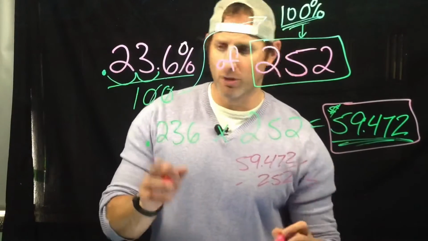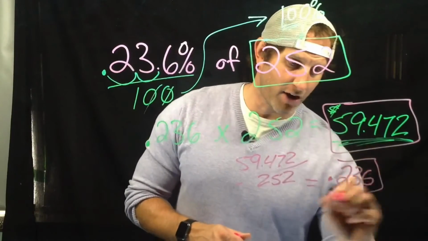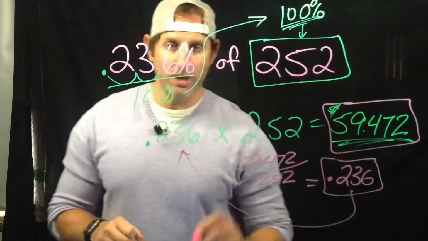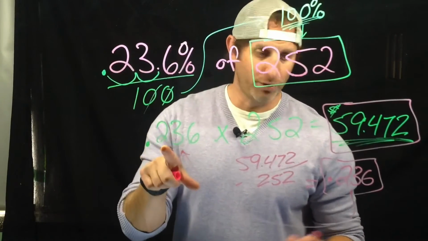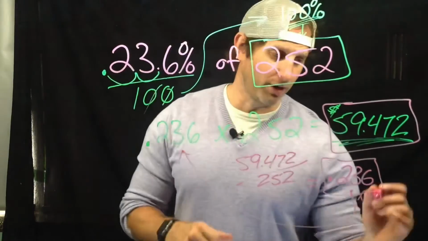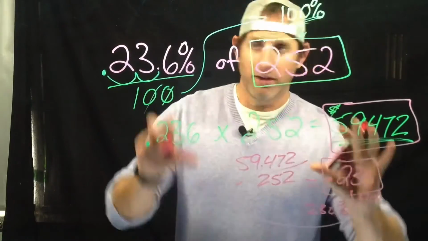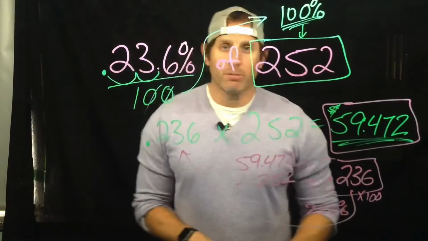That's going to give me a total of decimal 236, which is exactly the same number that I started with in the beginning, right here. Now we know that because we divided this to get decimal 236, if I multiply it by 100, I'm going to end up with 23.6. So I'm using all of the numbers that I've seen here. They all work together. And that, my friends, is decimal percent.